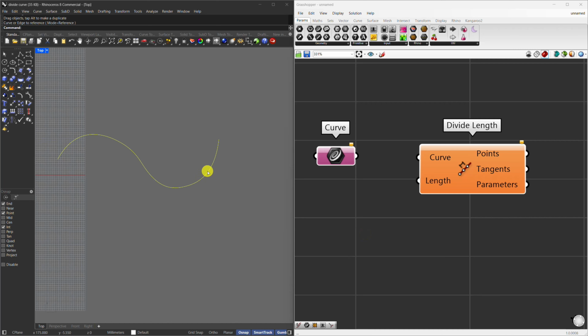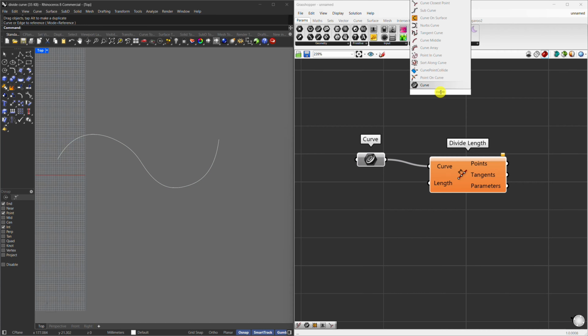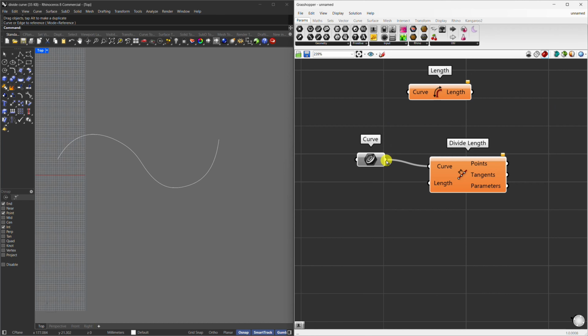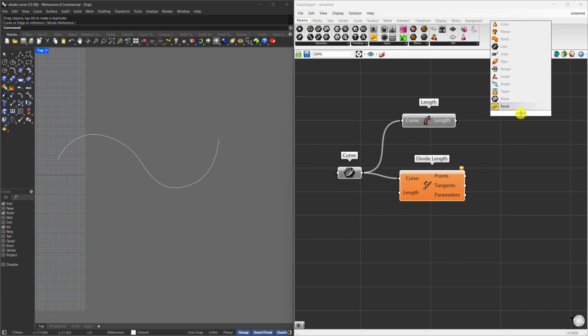Set one curve. Connect. Now you need the length. Usually you will know your facade length. You already have it. In such a situation, we can use curve length. Just connect this to the panel.